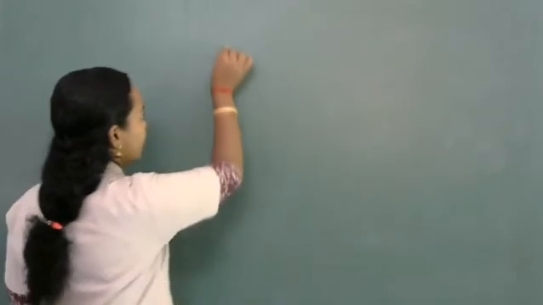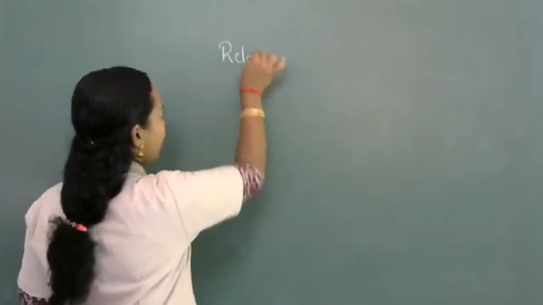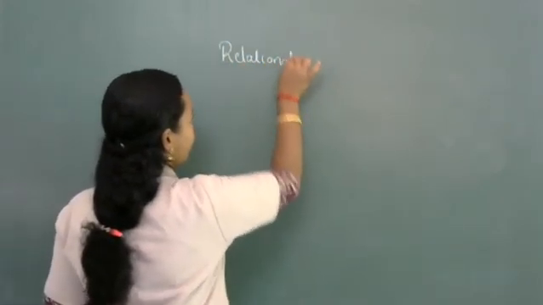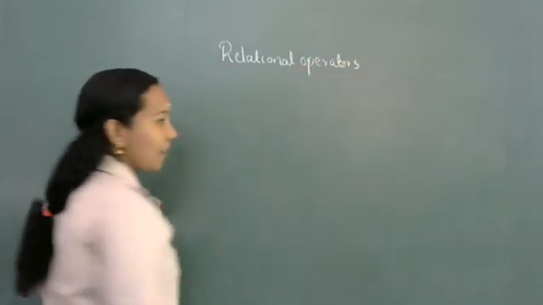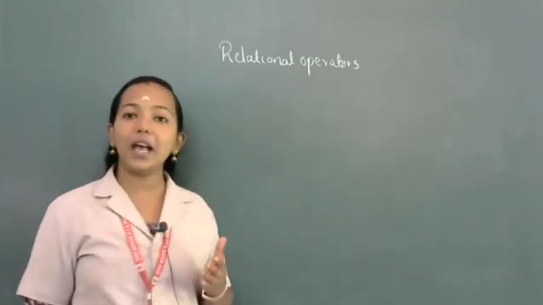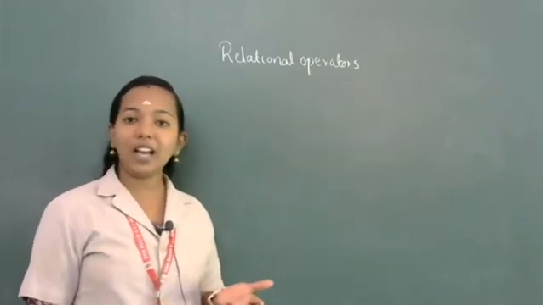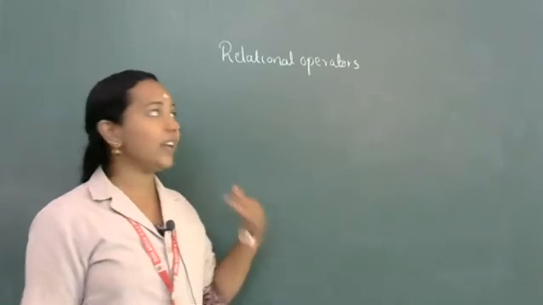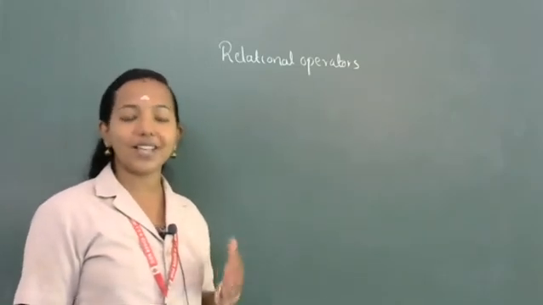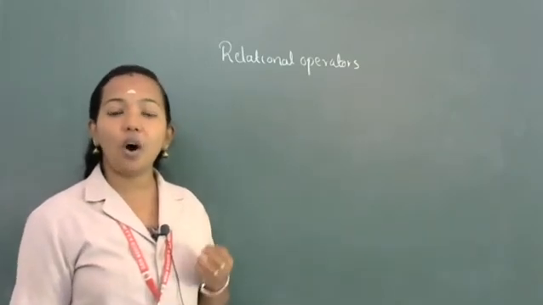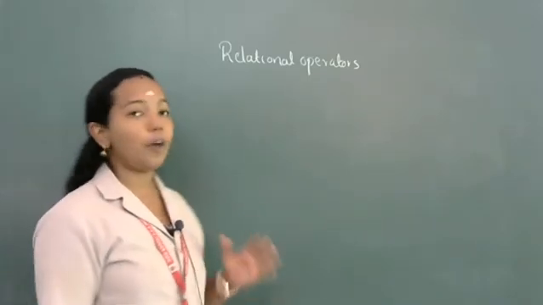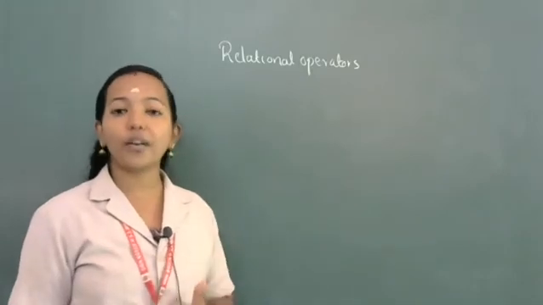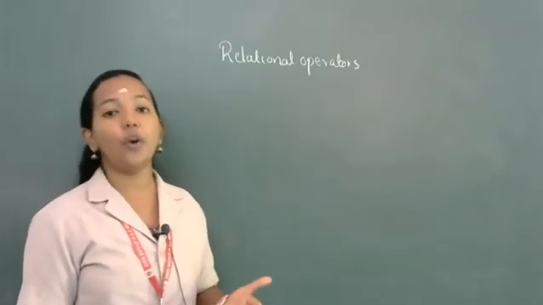Next category is relational operators. Relational operators mean we can use numeral values as operands, but relational operators always give a true or false value, or yes or no value.